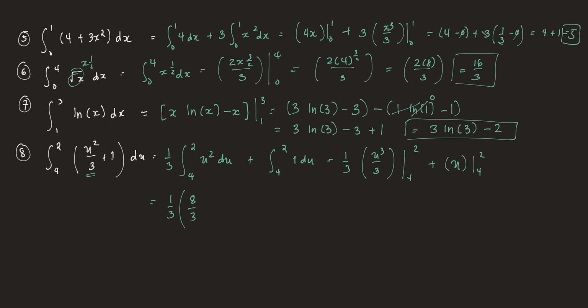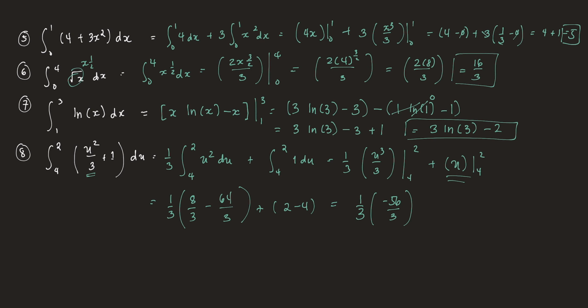So that's 8. Minus, if you cube 4, so that's 4 times 4 times 4. You get 16 times 4, that's 64. Okay, all over 3. Okay, plus, for this one, that's just 2 minus 4.